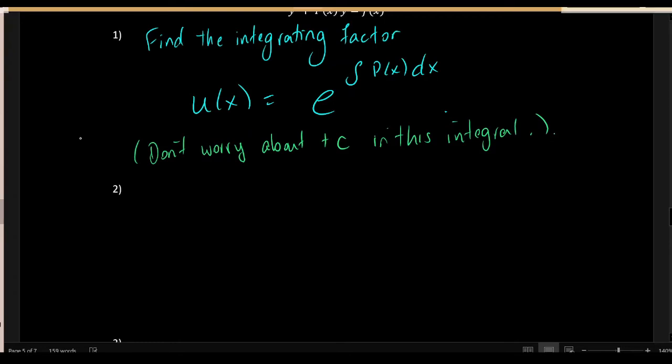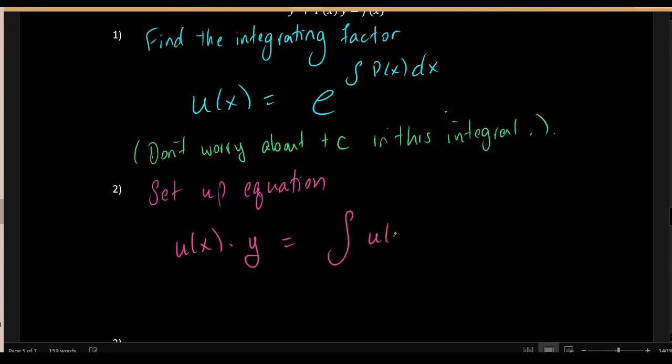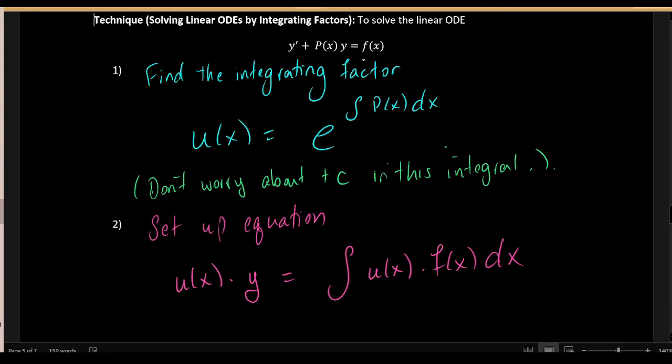The second thing that you want to do is set up the equation u of x times y is equal to the integral of u of x times f of x, where f of x is equal to the function of x that is all alone on the right side of the differential equation.